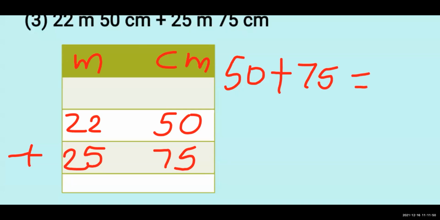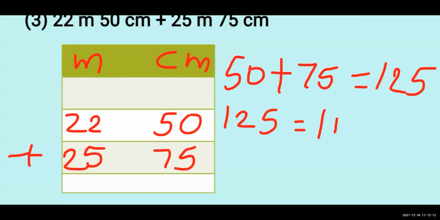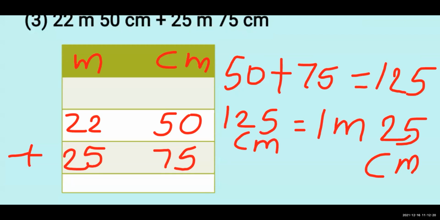You should cross check the sums whether your and my answers are right. 50 plus 75. 5 plus 0 will become 5 and 7 plus 5 will become 12. So I got 125. 125 centimeter means it will be 1 meter 25 centimeter. Now 25 I'll write over here. 1 I will carry over here.